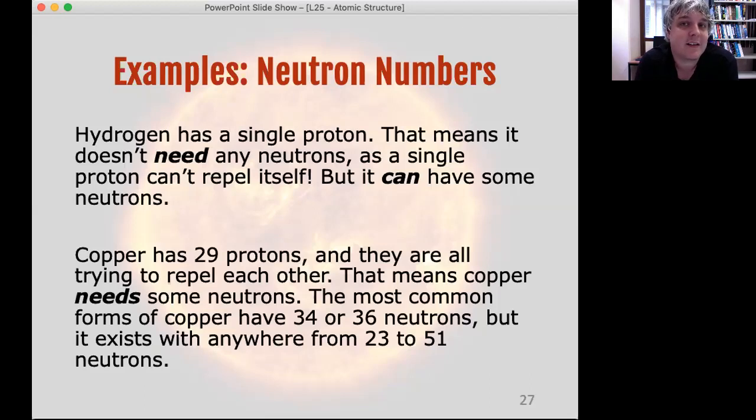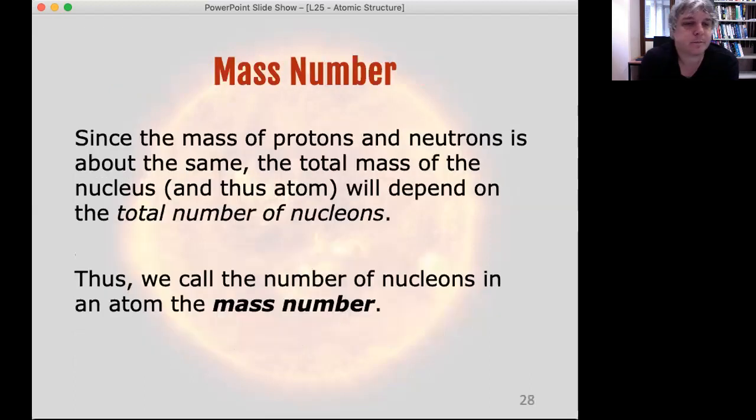So the exact number of neutrons isn't specified, right? It's not determined by the element itself. The exact number of neutrons can vary based on whatever just happens to have formed that copper atom. Since the mass of protons and neutrons is about the same, the total mass of the nucleus will depend on the total number of nucleons.